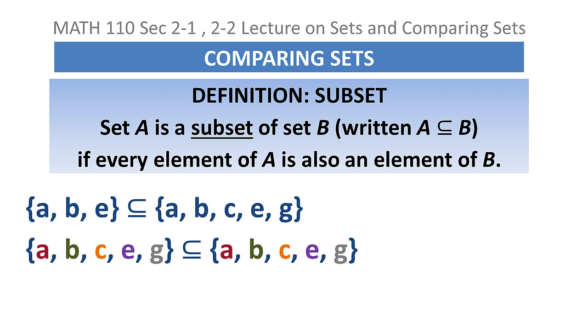Now you might say, but those two sets are equal. That's okay, they are equal, but that doesn't prevent the one on the left from being a subset of the one on the right. It just has to be contained. The elements on the left have to be contained within the set on the right. And they are. So you could actually put an equal sign there and that would also be true.